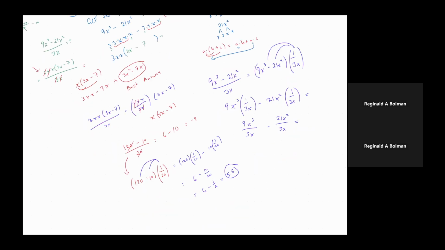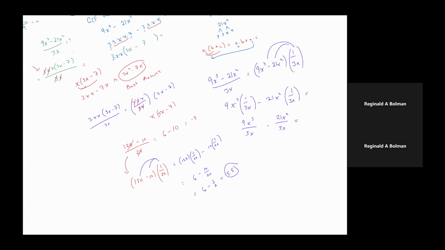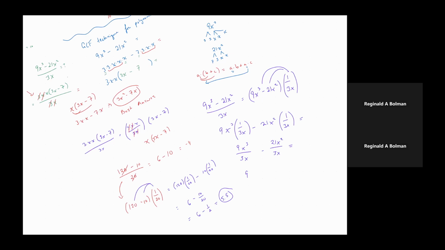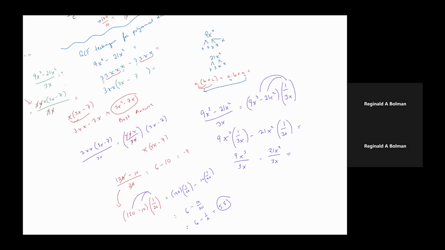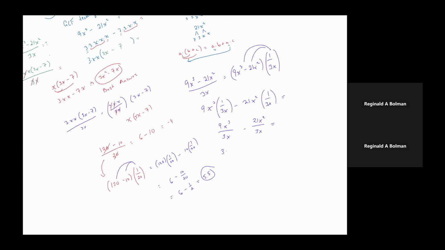And at this point, you can expand your 9x cubed, just as I had done previously: 9x cubed is the same thing as 3 times 3 times x times x times x, over 3x, minus 21x squared, which is the same thing as 7 times 3 times x times x, all over 3x. And basically, at that point, you'd start dividing out like terms. Your 3's would divide out, your x's would divide out, and you're going to be left with 3 times x minus 7 times x, or 3x squared minus 7x.